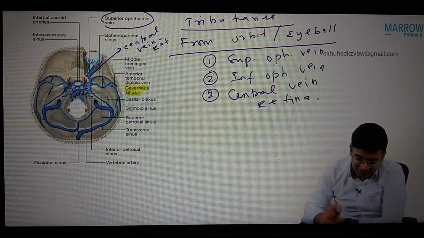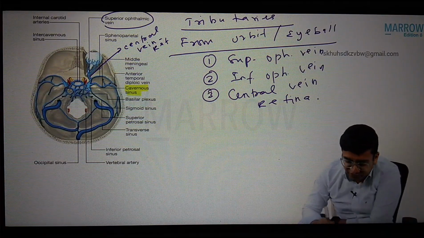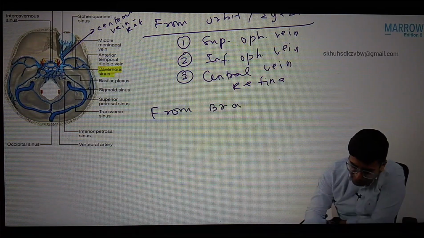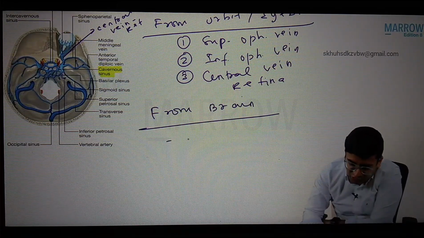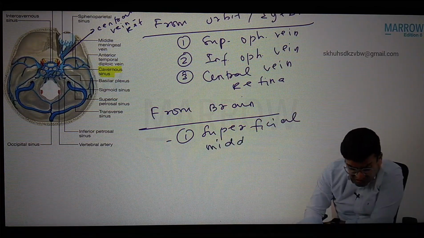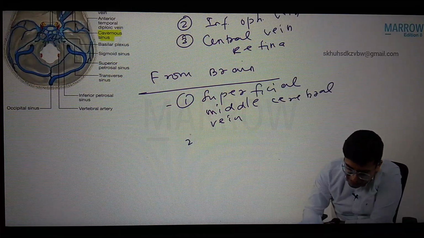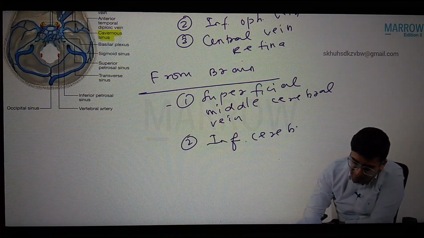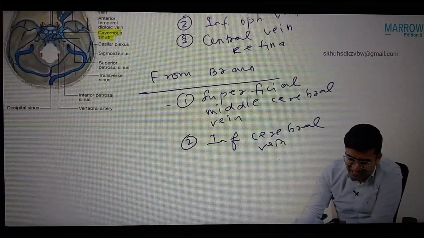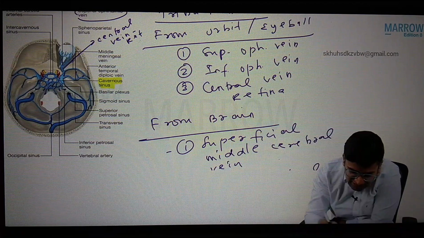Now from the brain, we have 2, from the cerebrum: superficial middle cerebral vein and inferior cerebral vein. Okay.